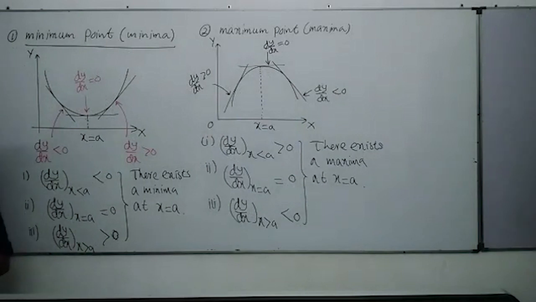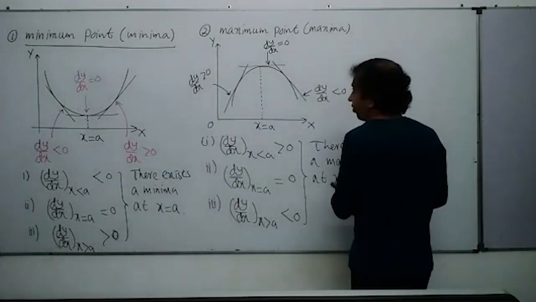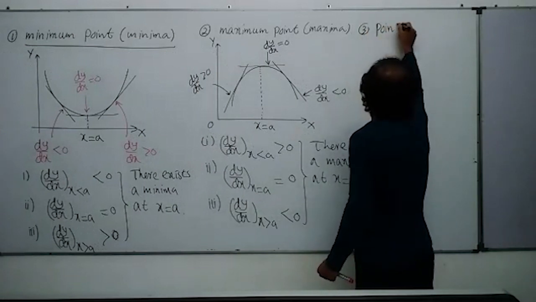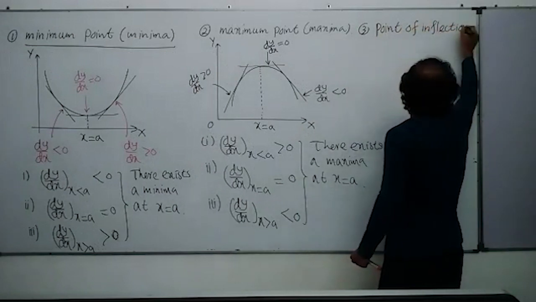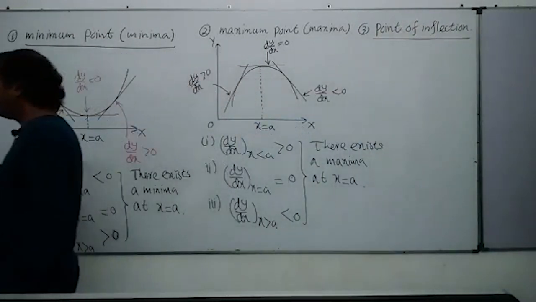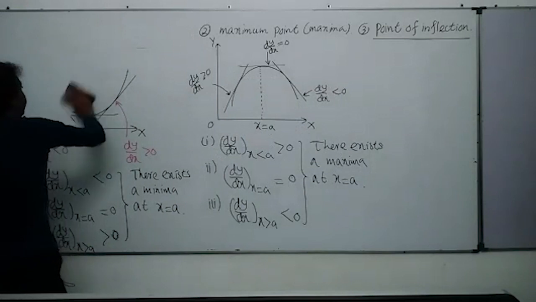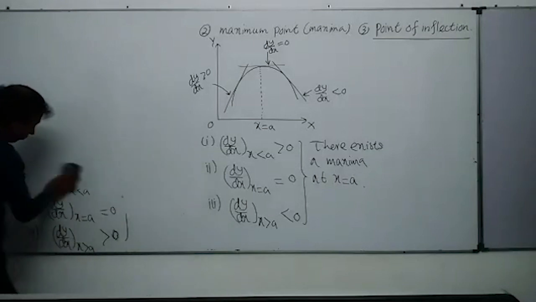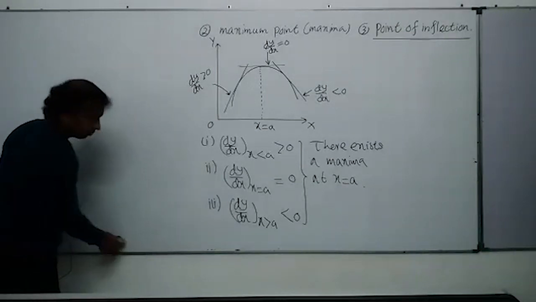But here, third one, point of inflection. Write down, third one. There are 2 forms of occurring point of inflection. Point of inflection. Right, there are 2 types, people.